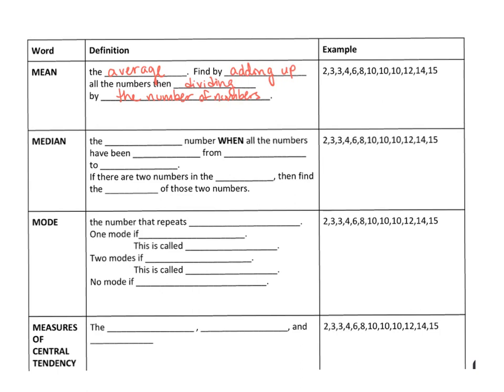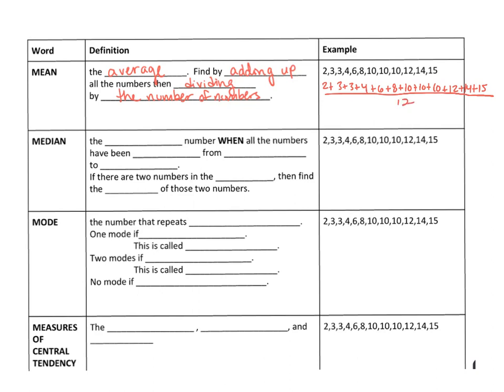So let's look at this set of numbers over here on the side. To find the average, I'm literally going to just do 2 plus 3 plus 3 plus 4 plus 6 plus 8 plus 10 plus 10 plus 10 plus 12 plus 14 plus 15, and divide all that by 1, 2, 3, 4, 5, 6, 7, 8, 9, 10, 11, 12.